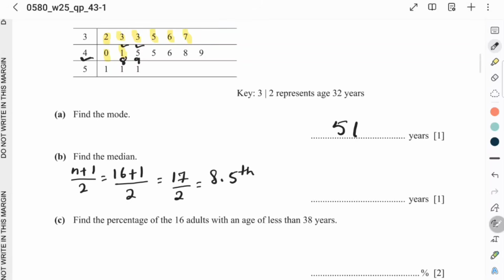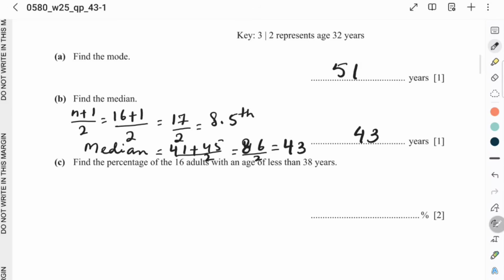So the median is equal to 41 plus 45 upon 2, that is equal to 86 upon 2, that is equal to 43. So 43 is the center number in the sequence.